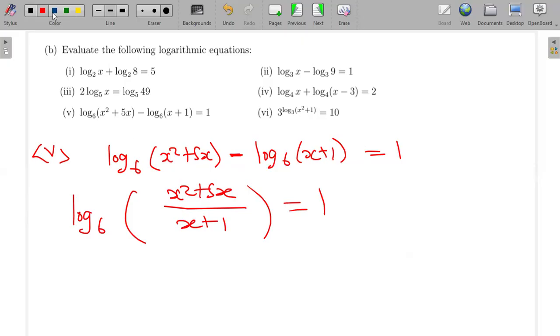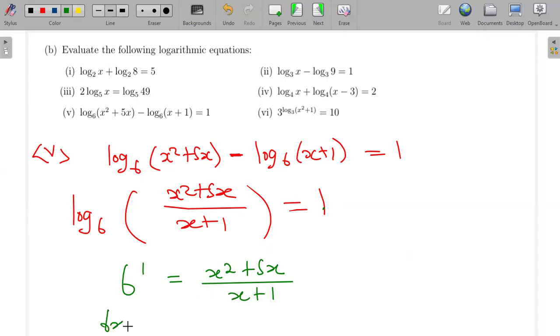Okay, and then from here we are going to say base to the power answer is equal to what is in the middle. So base to the power answer is equal to x squared plus 5x over x plus 1. Okay, so here we can cross multiply.